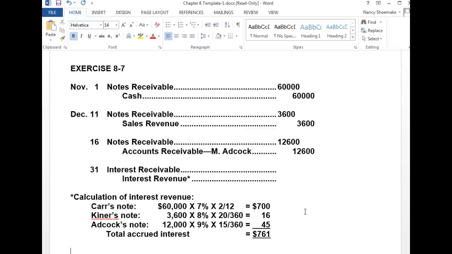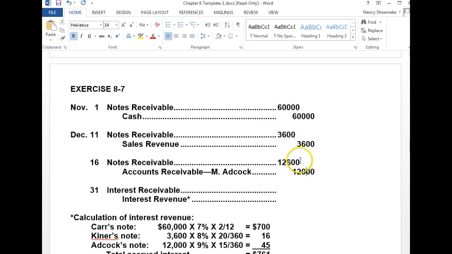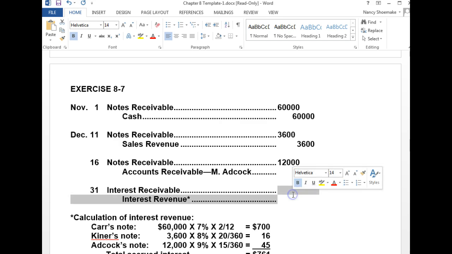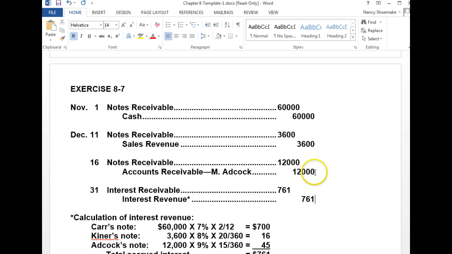So what's our total interest here? $761. Sorry, I don't know what I was thinking. $761 is our accrued interest. Okay?